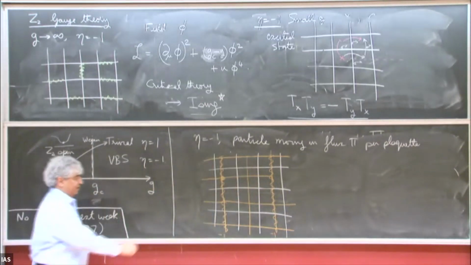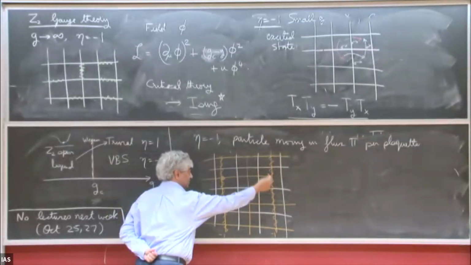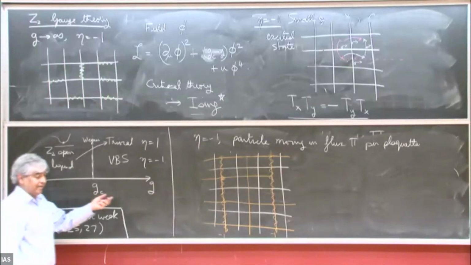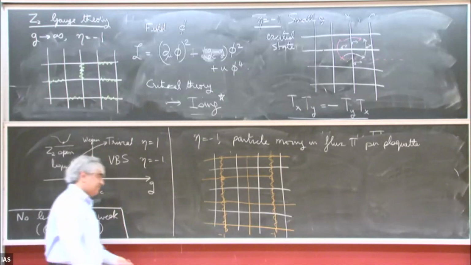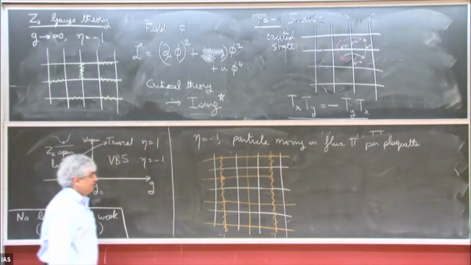Now if I take the flux around any plaquette or any orange loop, I get -1. This is the discrete analog of Landau's gauge for this very simple Hofstadter problem with flux 1/2. Hofstadter does it for general flux P over Q.